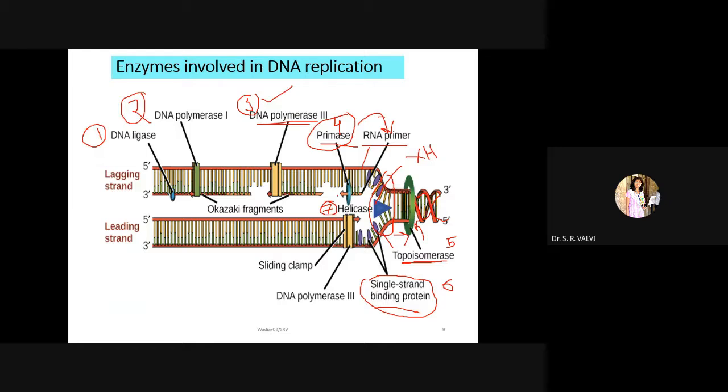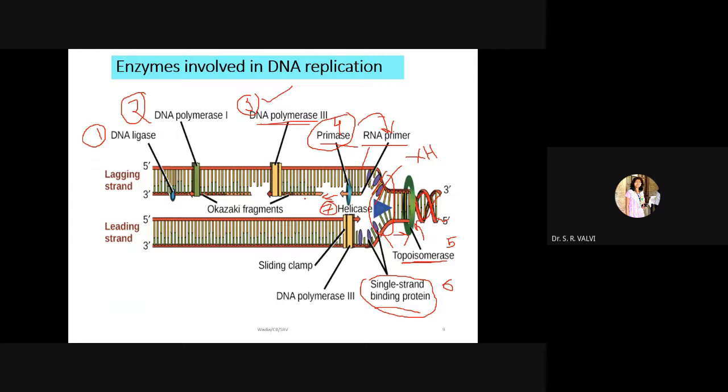It adds to the 3 prime end, and this makes the bulk of the new DNA, right? It means DNA polymerase III extends these RNA primers, and hence we are observing this lengthy strand of newly synthesized DNA, right?